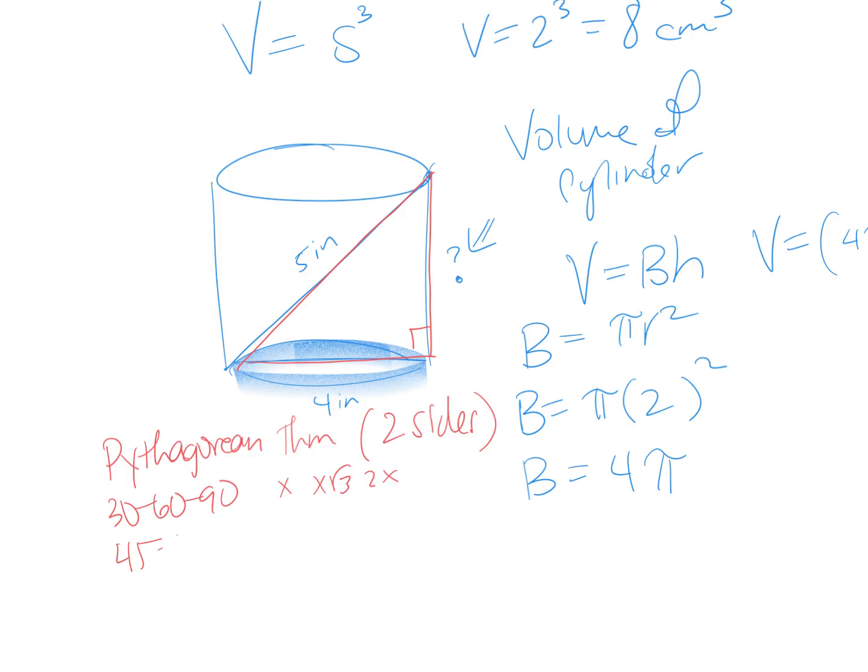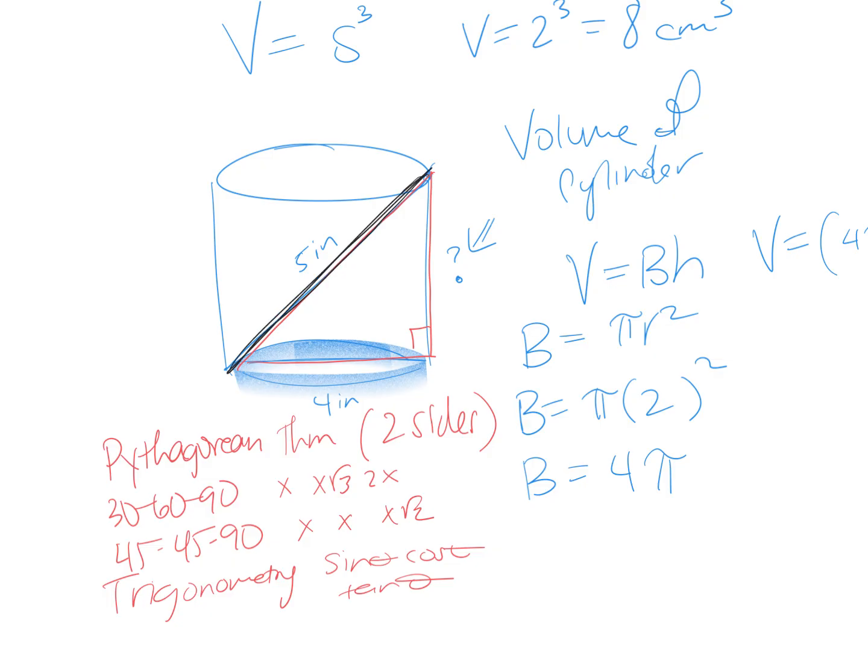You can use 45, 45, 90, which is x, x, x radical 2. Or you might have to use trigonometry, which you also have those formulas on your sheet: sine, cosine, tangent. In this case, which of the four do you think we have to use? Pythagorean theorem. Yeah, because we know two sides.